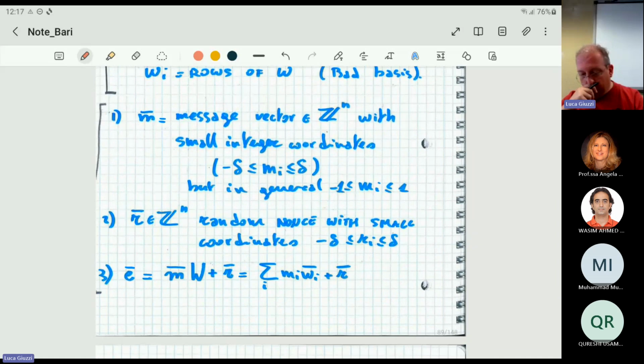And then what Alice encodes is, okay, here the product is on the left-hand side rather than on the right-hand side. It's exactly the same as before. Alice encodes her message as a lattice point plus this error vector.